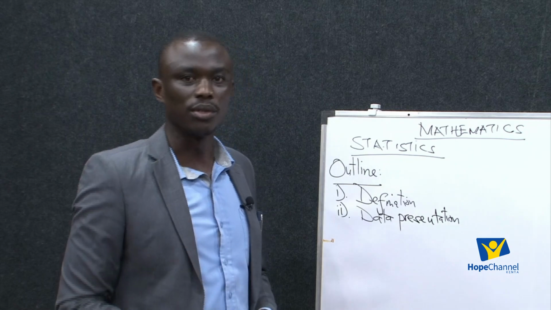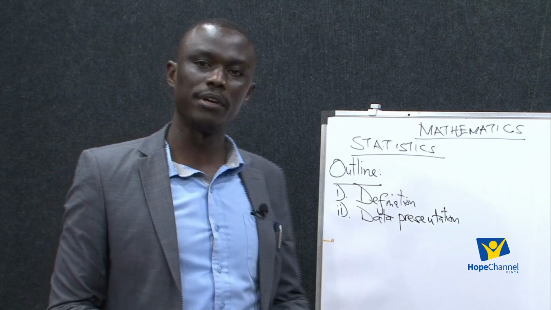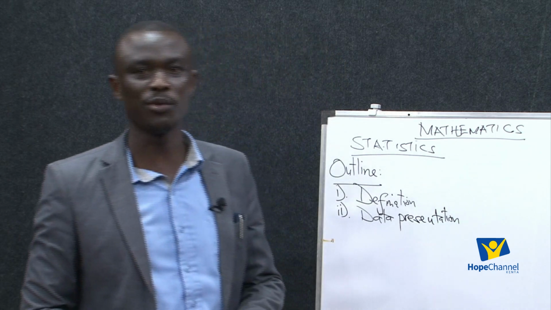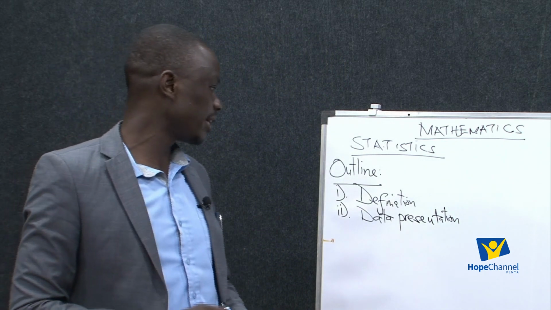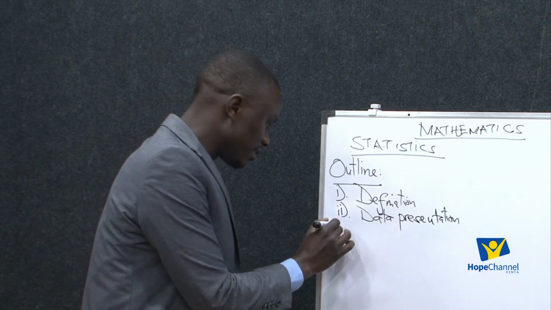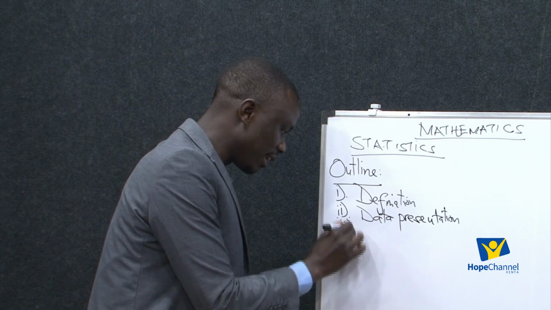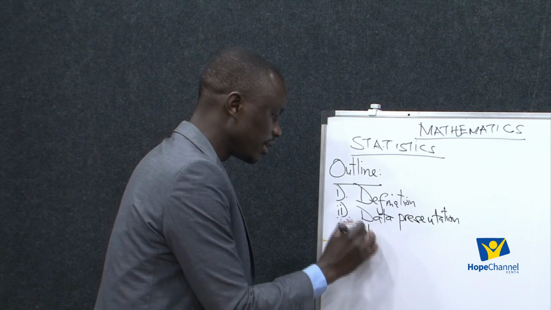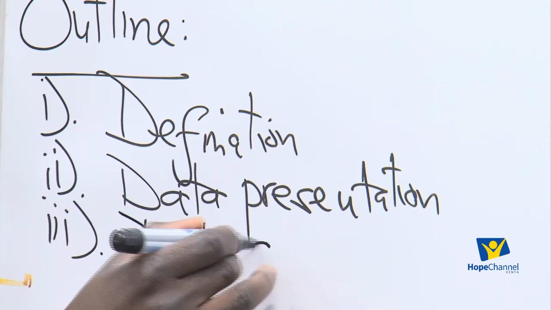In this section of data presentation, we'll be looking at various ways in which we can present our data. Then the third thing we will be discussing is data analysis.